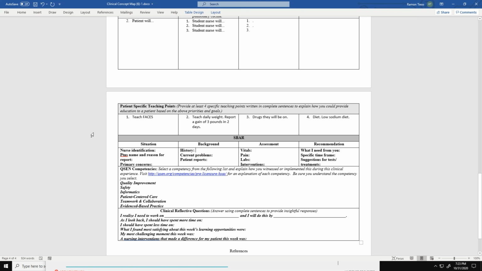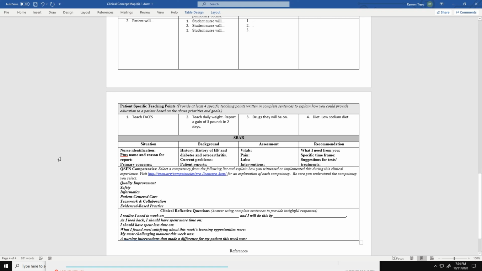So say you're sending them over to X-ray or something, and for history, you can say this guy has a history of heart failure and diabetes and osteoarthritis, right? That is what you can put there for their history.